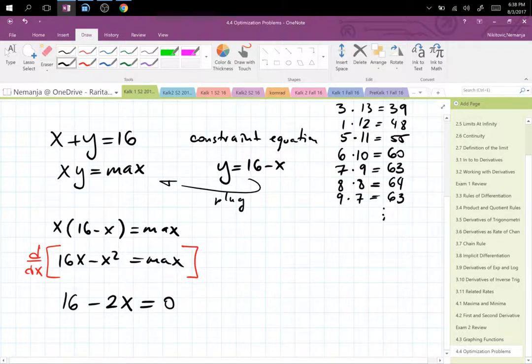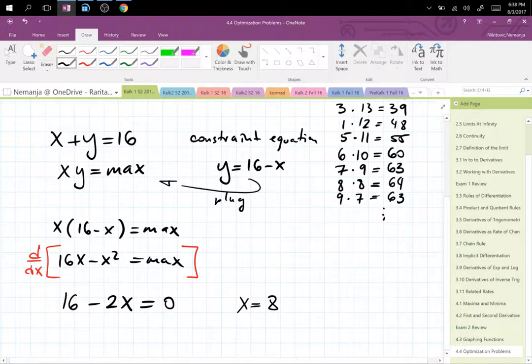So now, whether you remembered that you are supposed to set the derivative to 0, or you understand calculus enough at the moment to know that max is a value, and when you take the derivative of it, it is 0. You can clearly see from here that x equals 8, right? Because move 2x over and divide by 2 both sides.